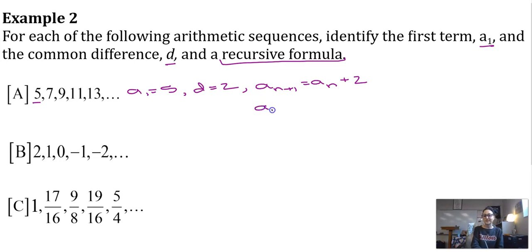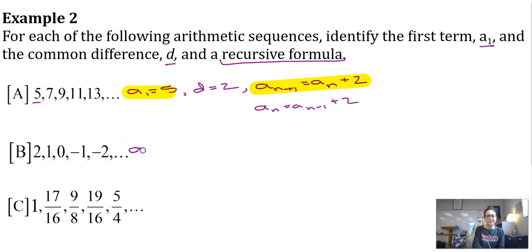I could have also written this as a sub n is the term before it, which would be a sub n minus 1 plus 2. Either way, and I didn't have to use n, I could have used k or whatever letter you want. But the point is that we've got the first term and then a way to find all the other terms based on the previous term. Okay, all right, let's try part B.